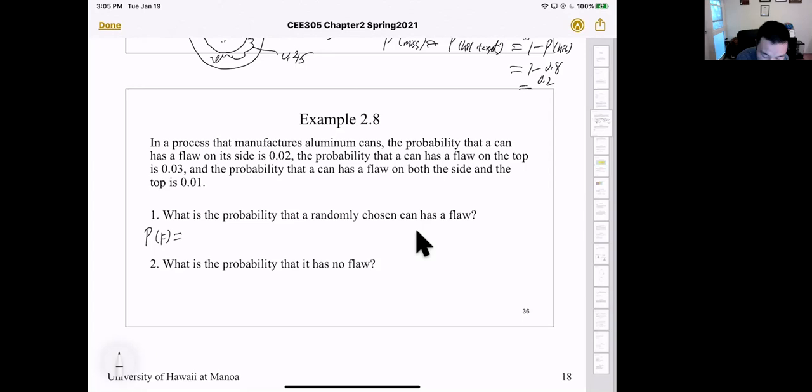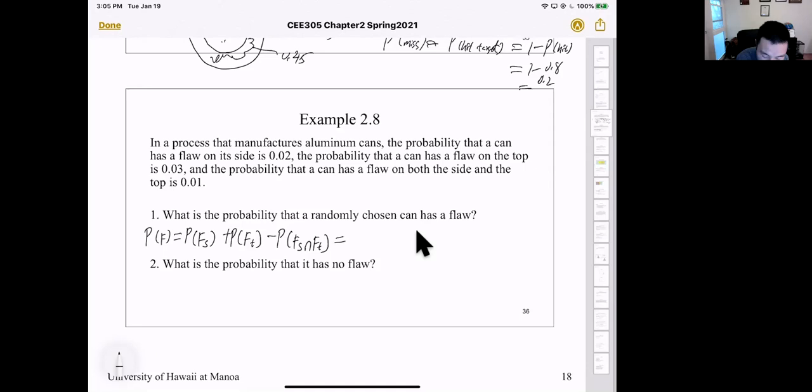The probability it has a flaw is equal to the probability of a flaw on the side, Fs, plus the probability of a flaw on the top, Ft, minus the probability of a flaw on both the side and the top, Fs and Ft. Remember, when two events are not mutually exclusive, they have an intersection. We should use this equation.